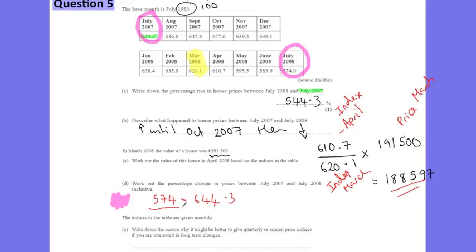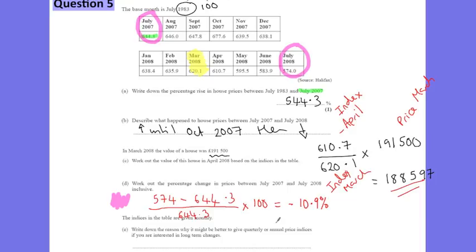And we're dividing by the original, which we know is 644.3. Multiplying by 100 gives us the percentage change. So make sure you add in the multiply by 100. This gives us negative 10.9%. So we can see here that we have a percentage decrease.